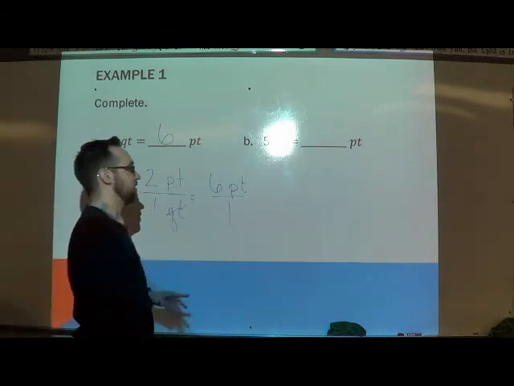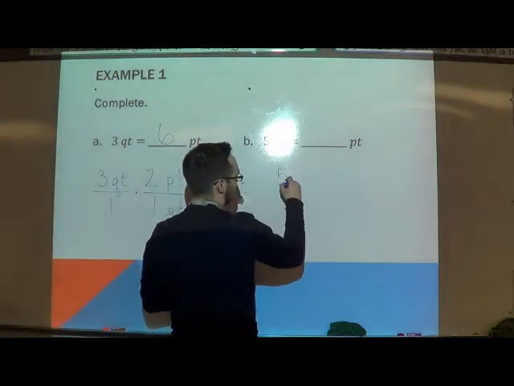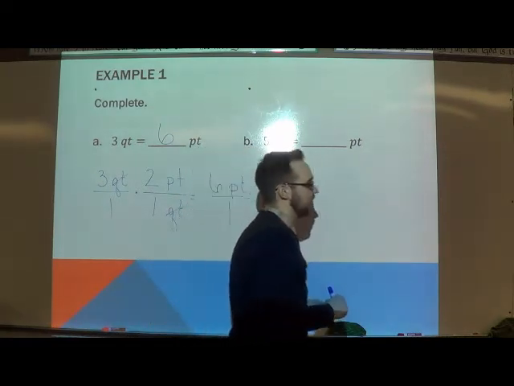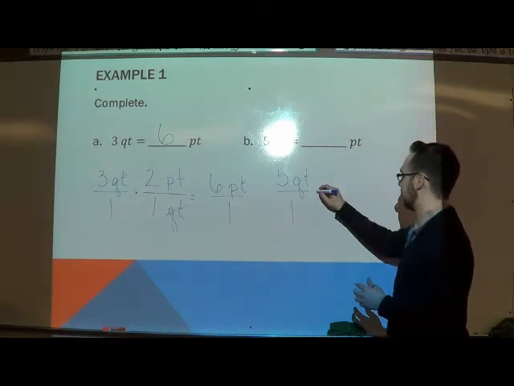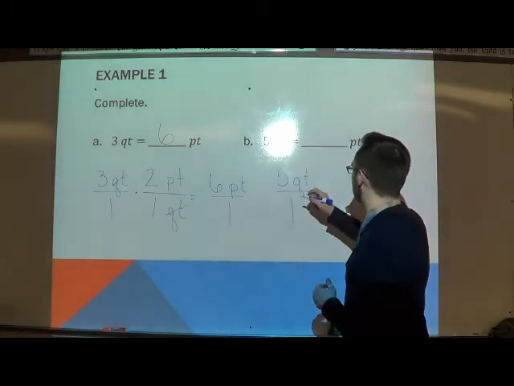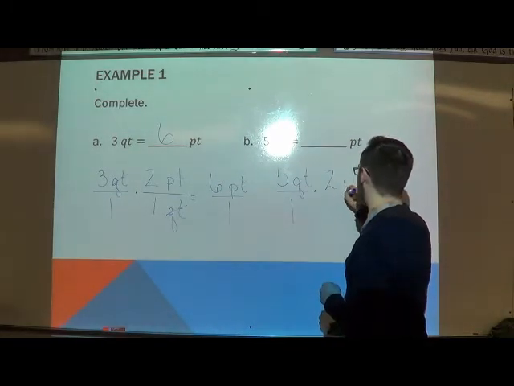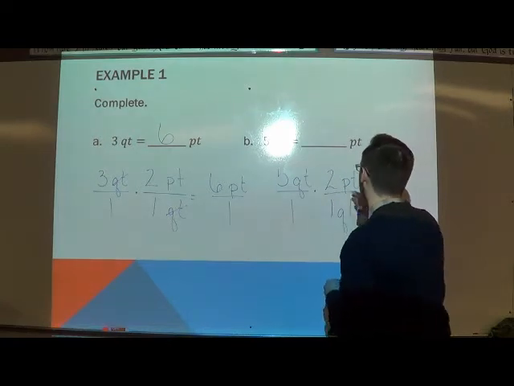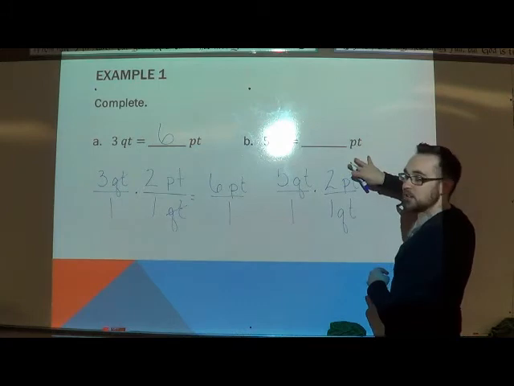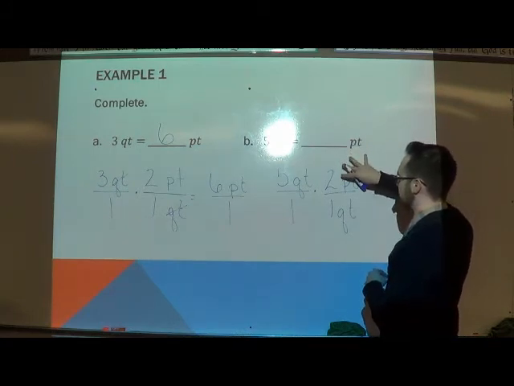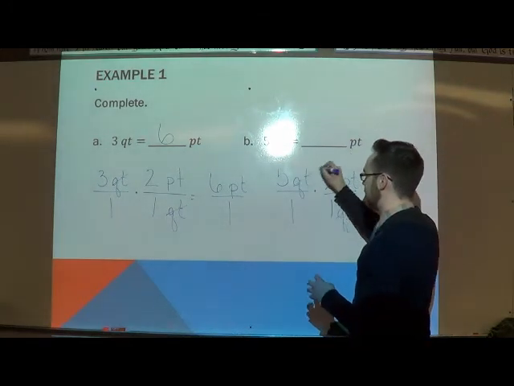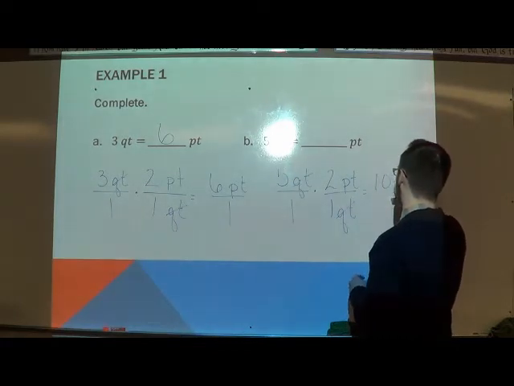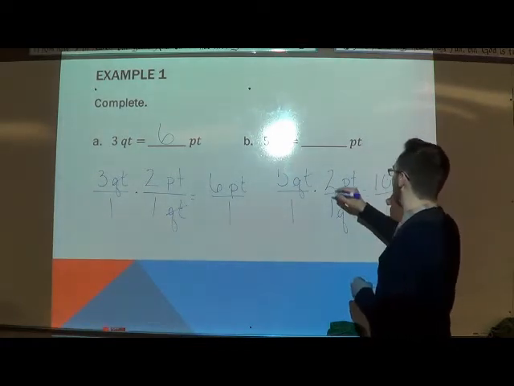Again, we're going to be doing the same thing here. 5 quarts, we just put that right on top. And then I multiply by my conversion factor. Again, I'm dealing with pints and quarts, so I put 2 pints over 1 quart. Whatever you're moving to, whatever you don't know, goes on top. I'm going to emphasize that so you're setting these up correctly. 5 times 2 is 10, so we have 10 pints over 1.